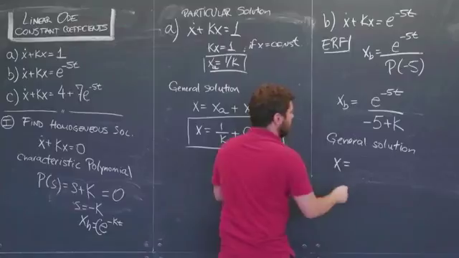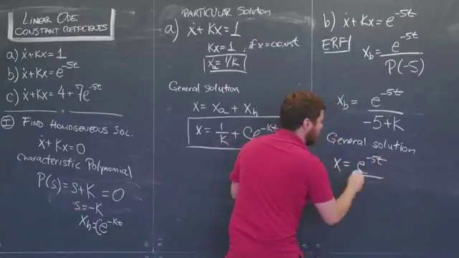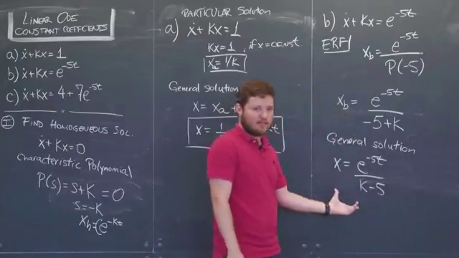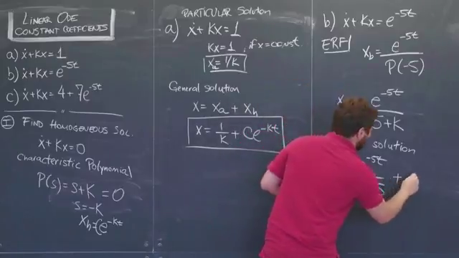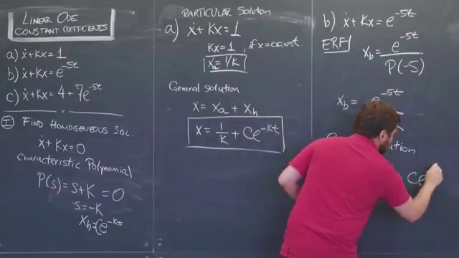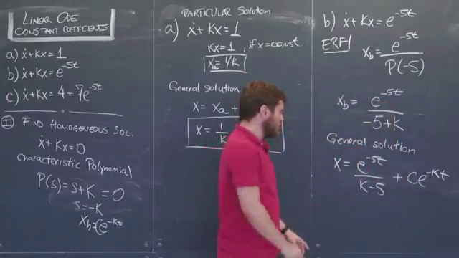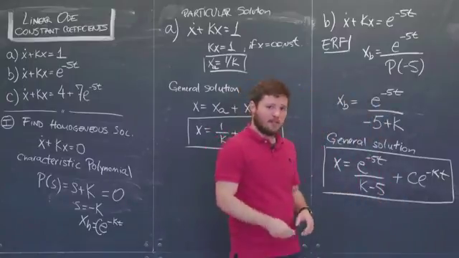So for this part, we have x is equal to e to the minus 5t. I'll just rewrite the denominator to look nicer. And we add the homogeneous solution. And this is the general solution for part B.